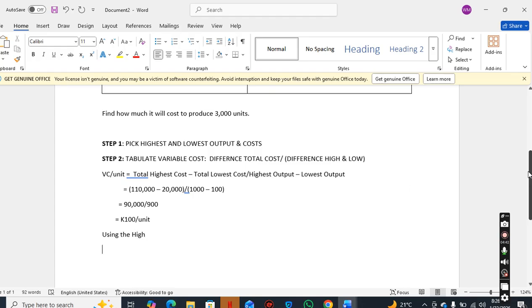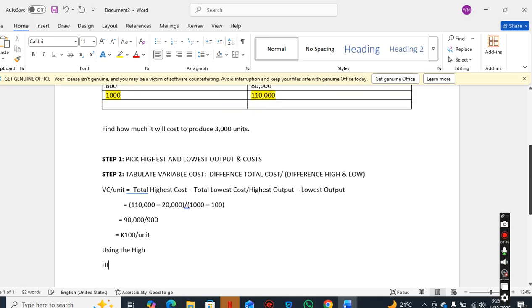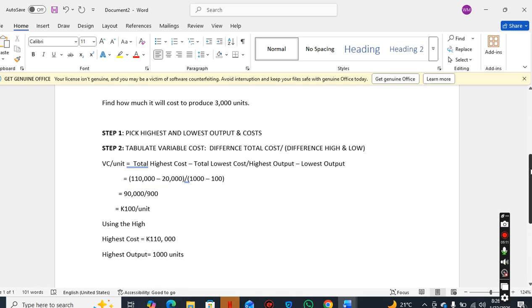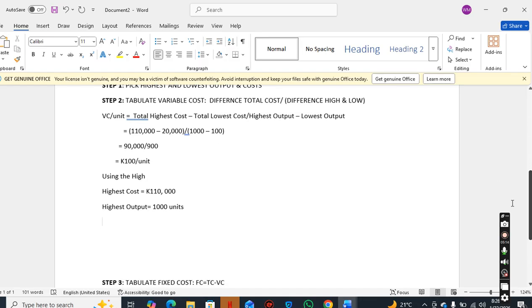Using the high, our highest cost 110,000, highest output 1,000 units. Now let's find our fixed costs.